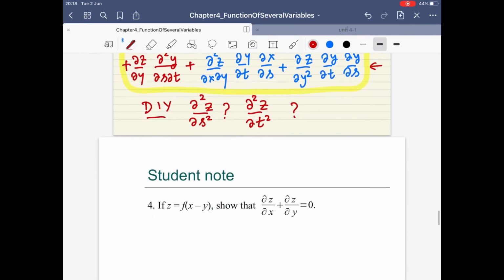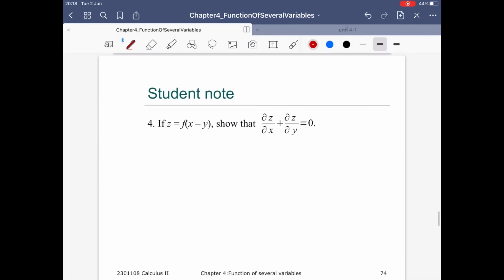All right, now let's look at this one instead. We have your z equals f of x minus y. So actually this one can be written as z equals f of t, and then t equals x minus y. So your z depends on t and your t depends on x and y.